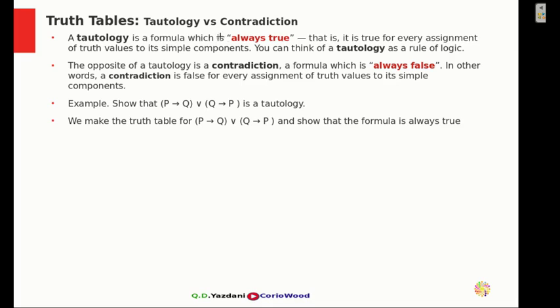Keep in mind this is always true for a tautology, and for a contradiction it is always false. So now we make the truth table for P implies Q, and keep in mind that's or here. Then we go to the opposite, Q implies P, and show that the formula is always true.